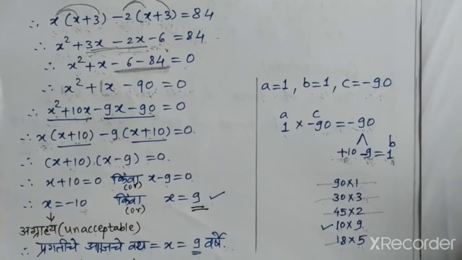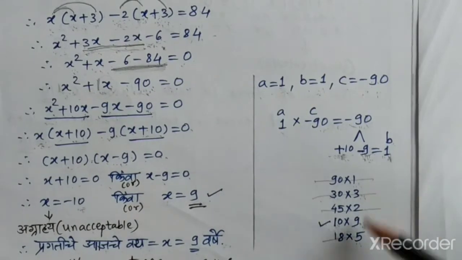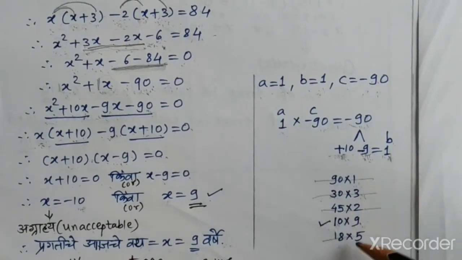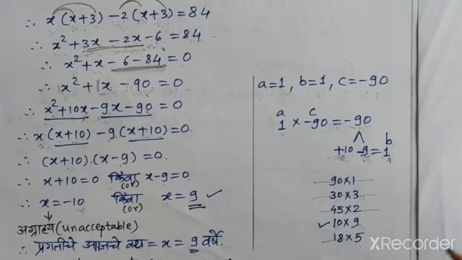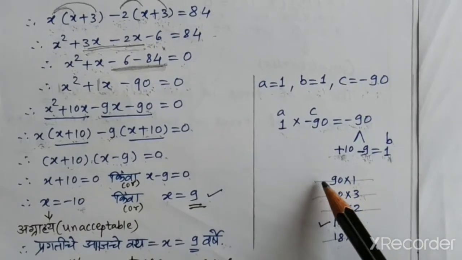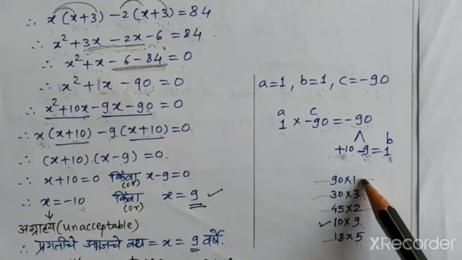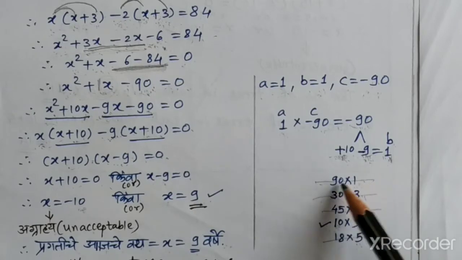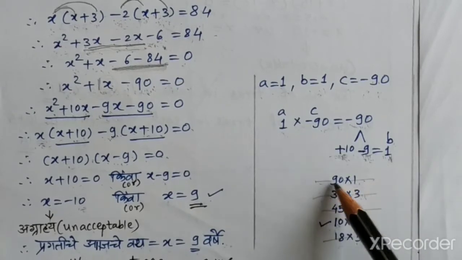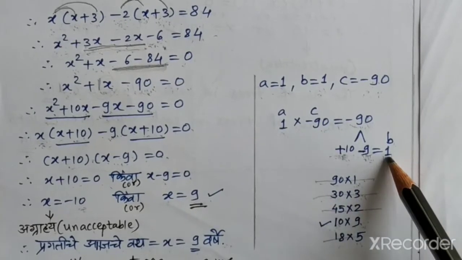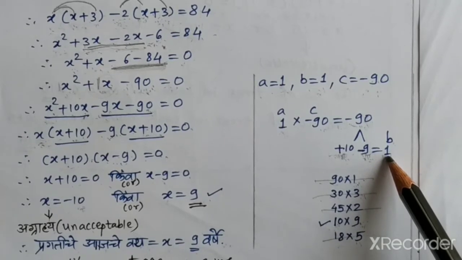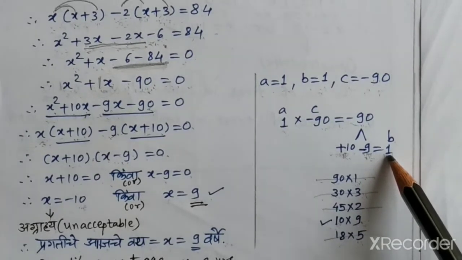Now here we have to select the appropriate pair of factors. So how to decide the accurate pair? Take the addition or subtraction. If it is equal to b, then it will be selected. Otherwise, it will be rejected.